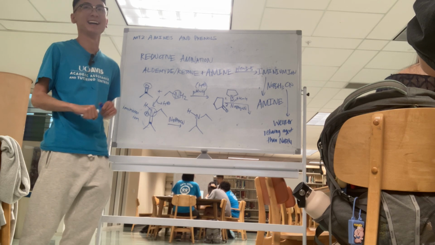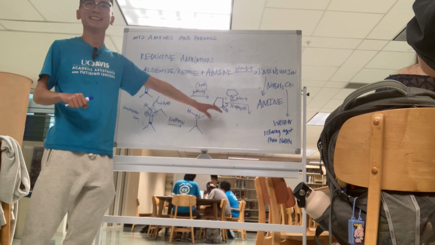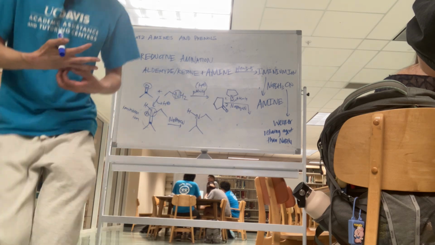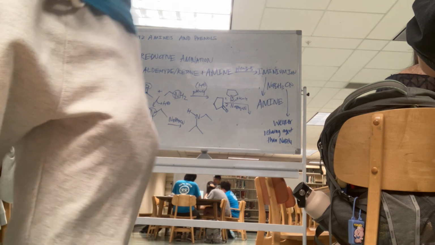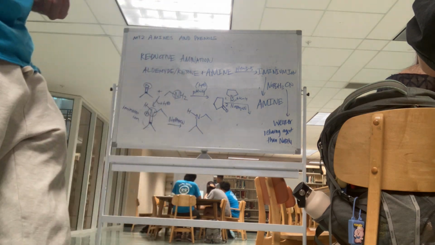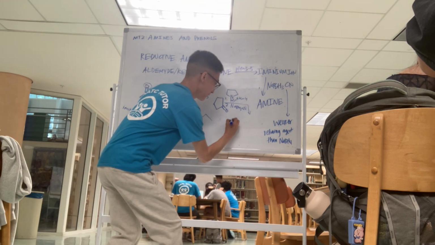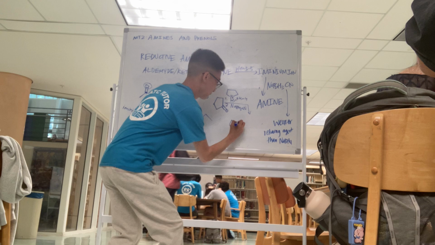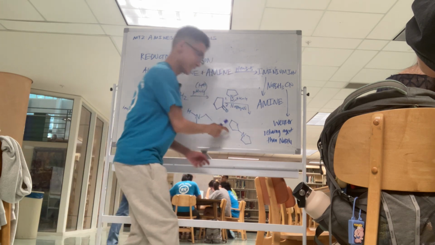Predict the product for this reaction. I was thinking it's Mannich, but we don't have that. Oh yeah, that's later. Isn't it just like replacing the O where the O is? Right. Yeah, and then it carries the rest of it. Yeah, that's it.